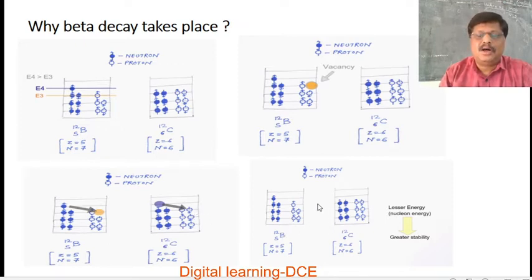Because all unstable nuclei tend to attain a stable configuration, they should be present in lesser energy. Lesser nuclear energy means greater stability. So this neutron occupies the vacancy in the carbon, converted into a proton by emitting the beta particle.